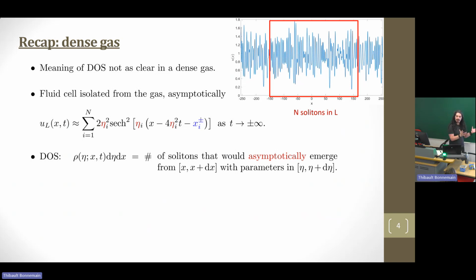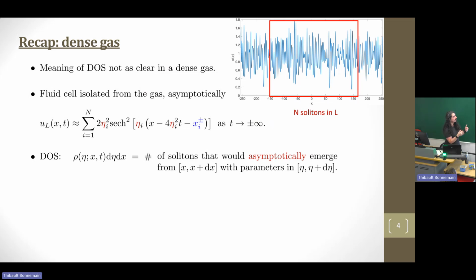So last time I proposed a heuristic argument to relate these parameters to the size of my initial fluid cell. I won't go over it again today, but in a way you can assume that you can treat solitons as point particles that instantaneously jump when they collide.